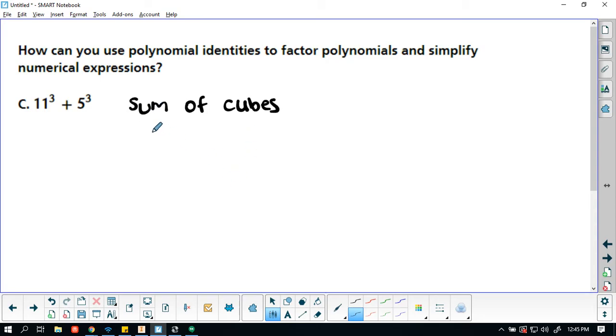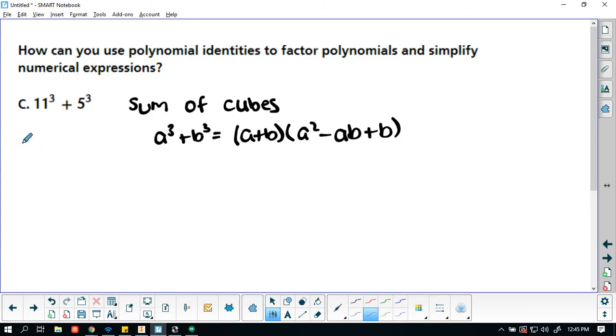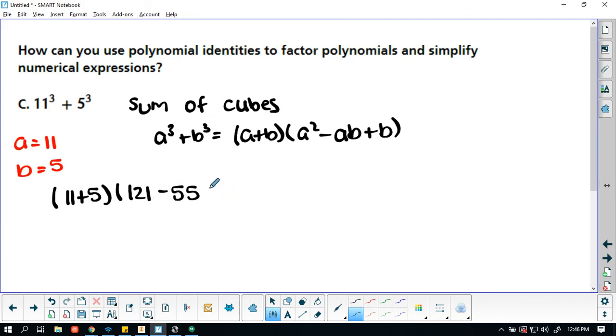The sum of cubes is a cubed plus b cubed equals a plus b times a squared minus ab plus b squared. In this case, my a is 11 and my b is 5. So I'm looking at 11 plus 5 times 11 squared, which is 121, minus 55 plus 25.